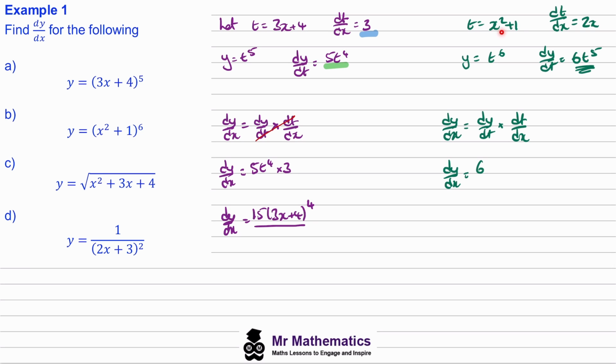And we can write t back in terms of x using x squared plus 1. We raise that to a power of 5. And then we multiply that by dt by dx, which is 2x. So dy by dx, we can tidy this up. We'll have the 6 times the 2, then we'll have the x. And this is multiplied by x squared plus 1 to a power of 5.